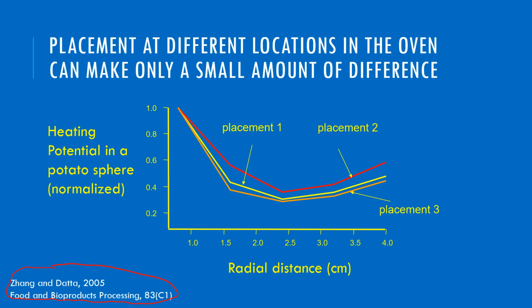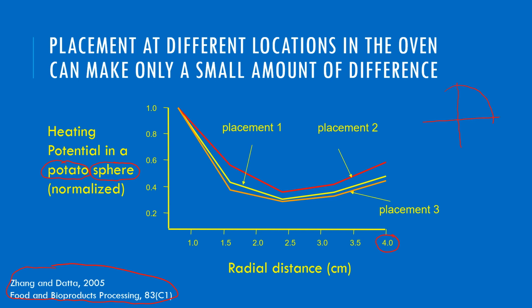little details about the simulation. And so it is for the properties of potato, and spheres of this radius, 4 centimeter radius, and what is plotted here is heating potential. And let me explain that. Heating potential has to do with power deposition.